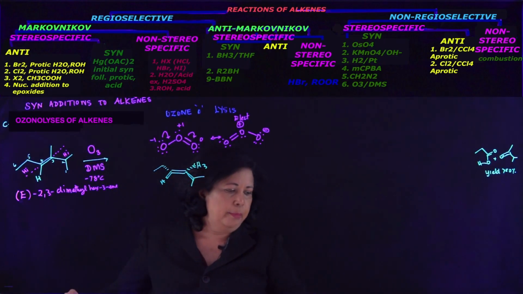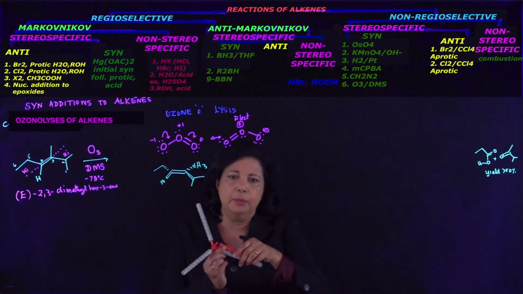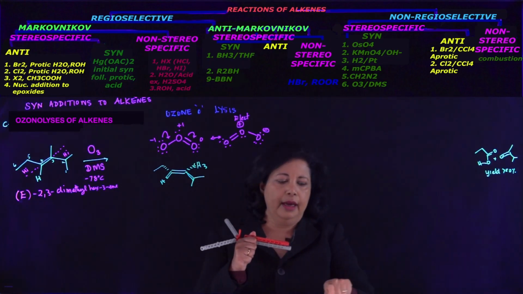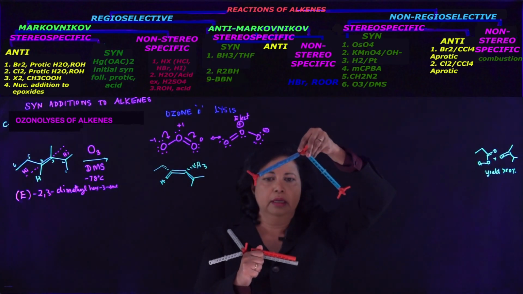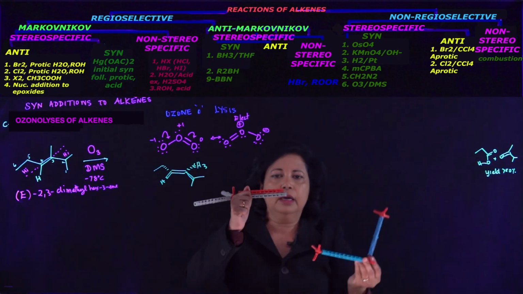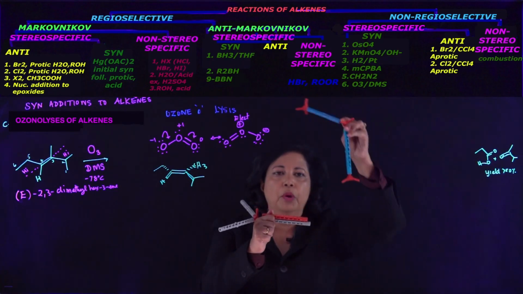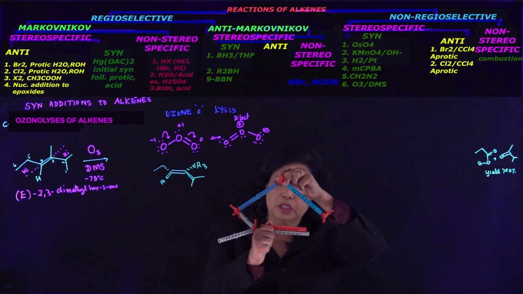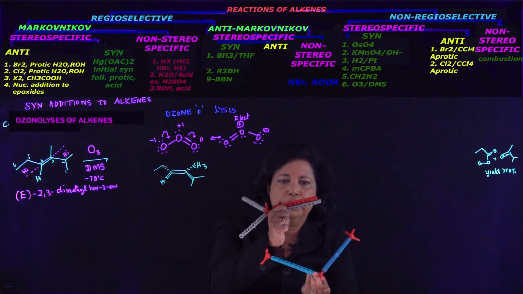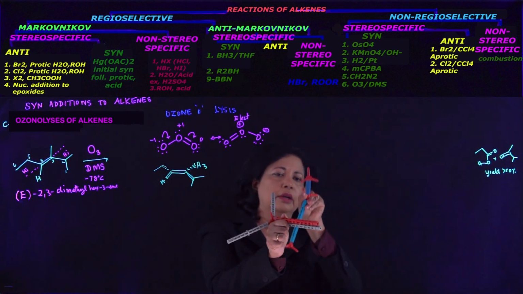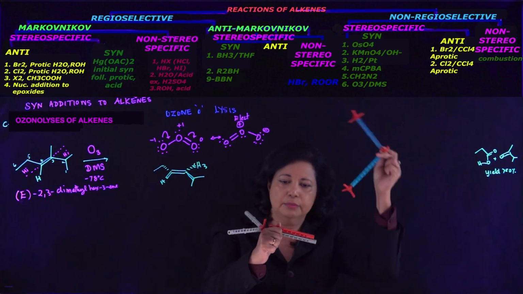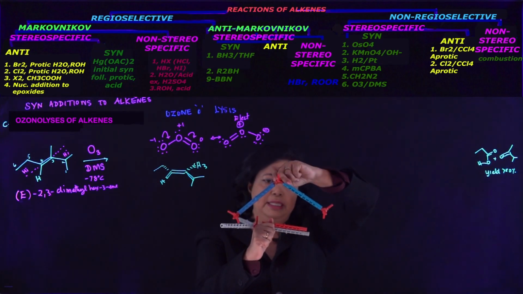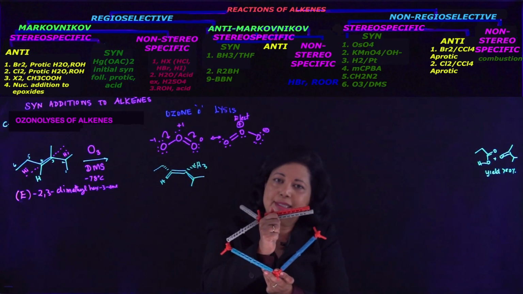It's just a pi bond. So let's say this is your pi bond here. You can have your ozone coming from the top or coming from the bottom. Both oxygens are going to go in the same direction. So it's syn stereospecific. No way this can wrap around and go one up and one down. It's impossible geometrically. So it's going to be syn and more syn.